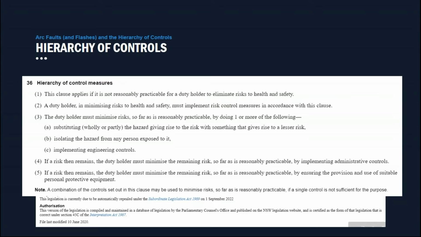Critically, then it says if the risk remains, the duty holder must minimise the risk as far as is reasonably practical by implementing administrative controls. Then, and only then, do you look to minimise the remaining risk by provision of PPE.